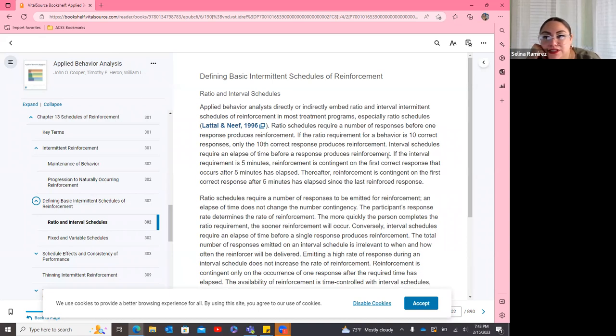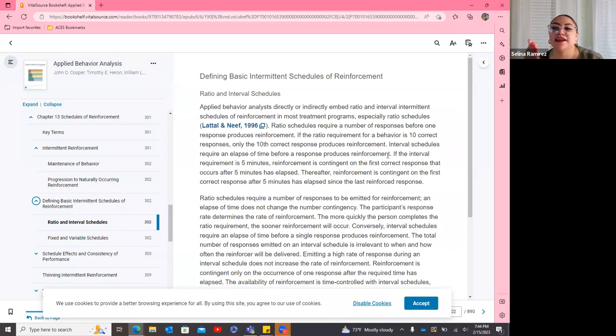And then you have interval schedules, which require an elapse of time. So remember, anytime you see interval, that's going to be talking about time. So I tell the technician the same thing, I equals time. So anytime you see FI blank, it's going to equal fixed time.